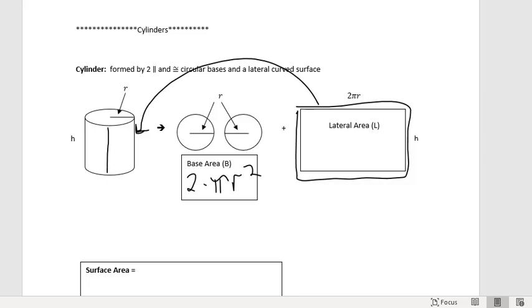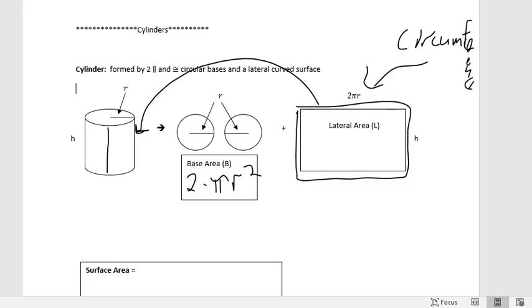All right, and then we have our lateral area. Because it's that label that got cut off and unwrapped, this side right here is the circumference of the circle that was the base. So the length of that soup can label is the circumference of the circle of the top of it.